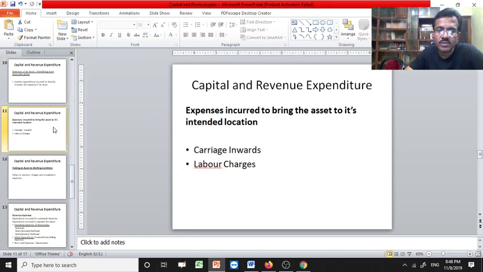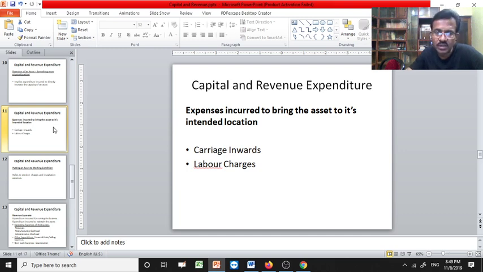The next one is expenses incurred to bring the asset to its intended location. So now your machine has come and is somewhere in the docks. From there you have to bring it to your factory, which is not near the docks. So you have to spend some carriage charges, and some labor charges have to be paid, in order to lift the machine from the ship to your truck, or from your truck to your premises.